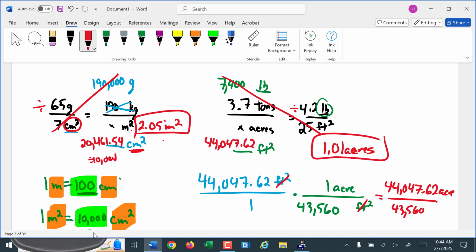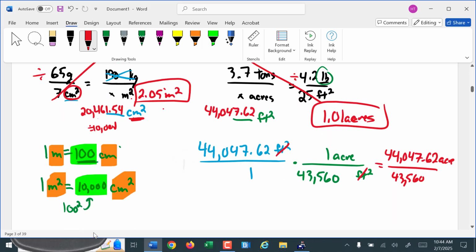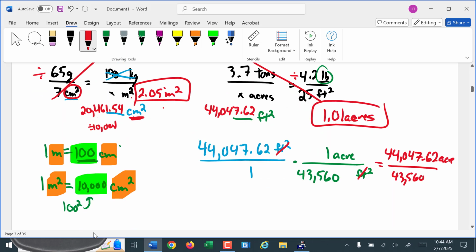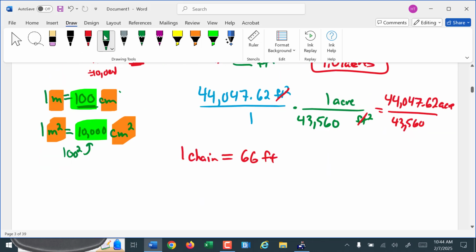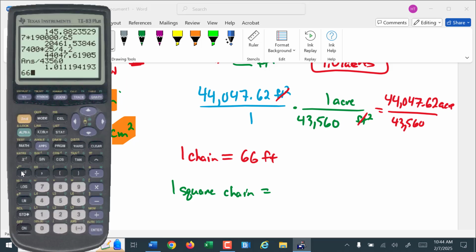A little bit of history for you. We mentioned the rods as your surveying area. The other survey area is a chain. One chain is 4 rods or 66 feet. So one square chain, if you square 66, you get 4,356.